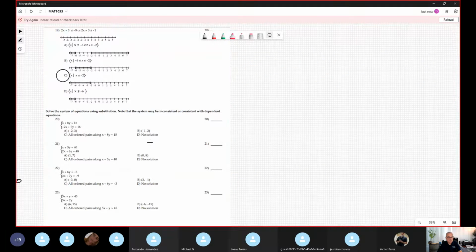So basically, look, x plus ay equals 15. We have one equation. I like so much to put a number. Number one equation is this, and the second is minus 2x plus 7y equals 16.